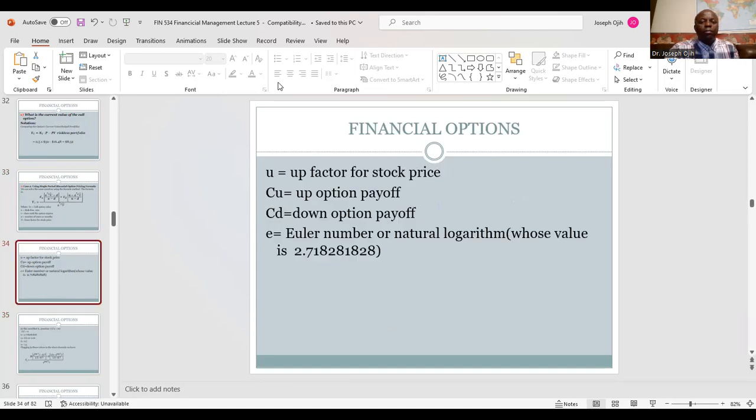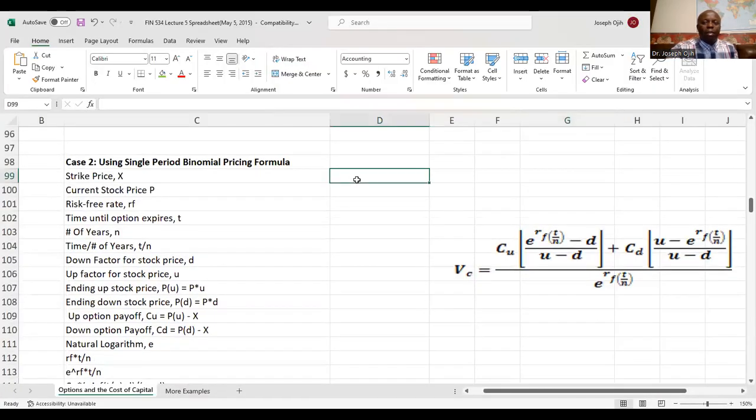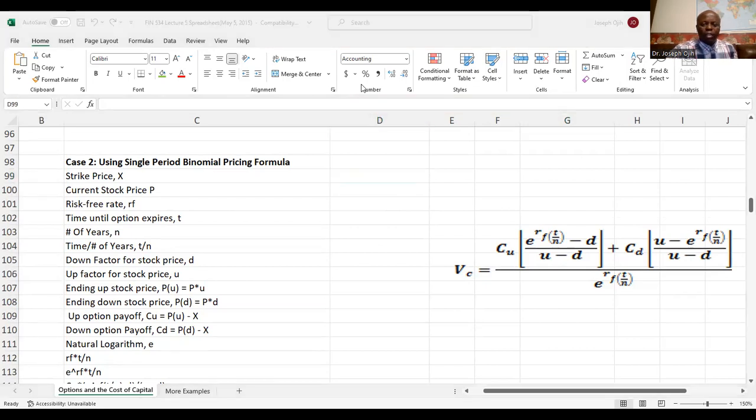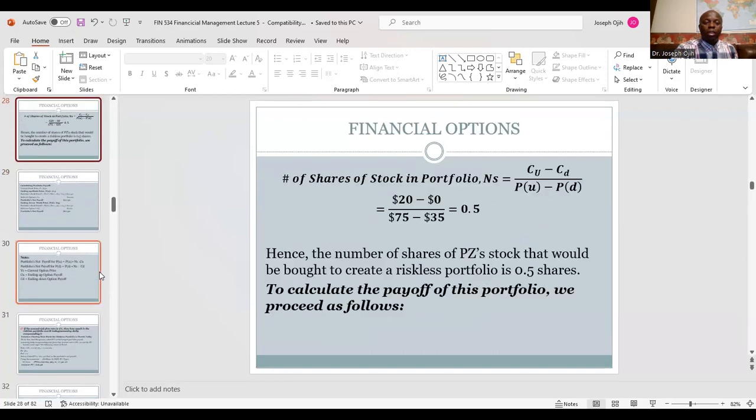So I'm going to take you there. Okay. Now I have the strike price. Remember, for that same question, let me take you back to that question so you can see that we are doing the same question, but this time we're doing it with the formula. Case 2. We are now in case 2.